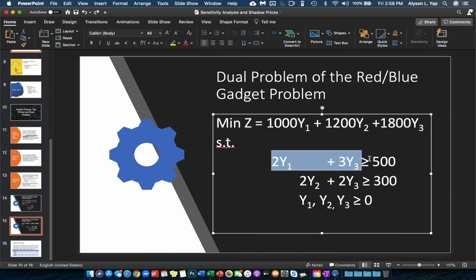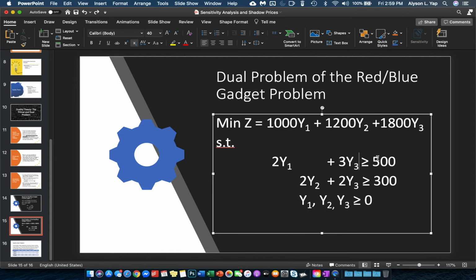In my point of view, I am the one buying the supply materials from ABC company. I cannot set Y1, Y2, Y3 to be very, very low. I need it to be set at a certain value so that this left-hand side is bigger than 500. Bakit?